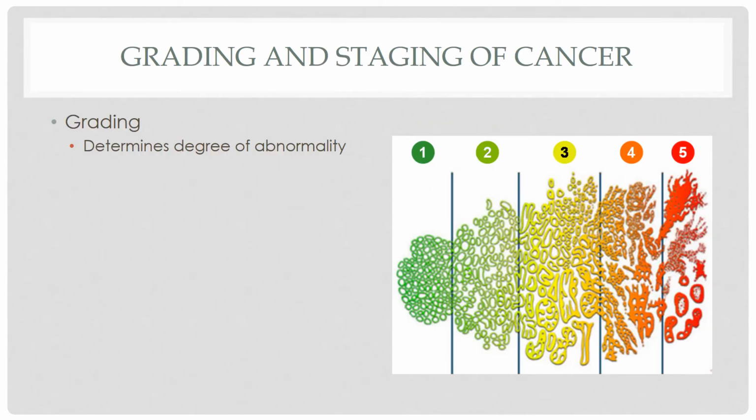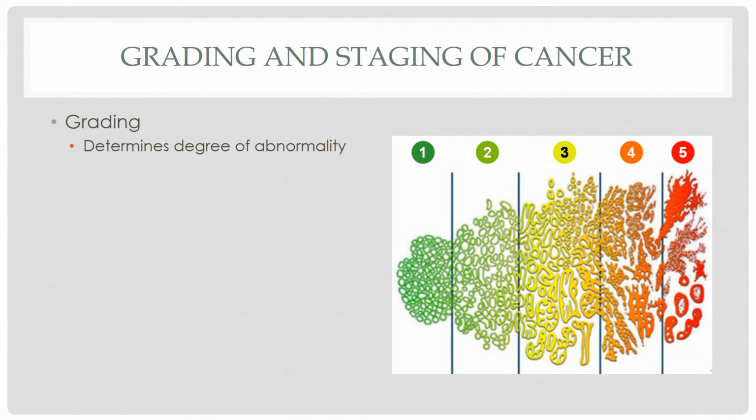Grading and staging are two important concepts in cancer diagnostics and treatment, and they're important because they allow us to determine the development of the disease, the extent to which the disease has developed, plan the treatment accordingly, and also predict the possibility of cure.